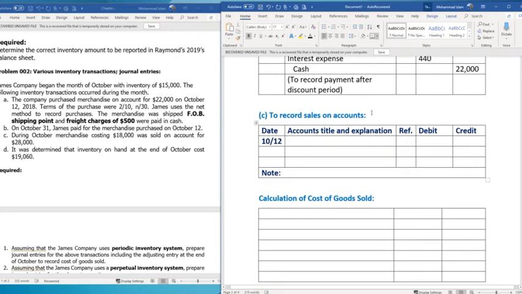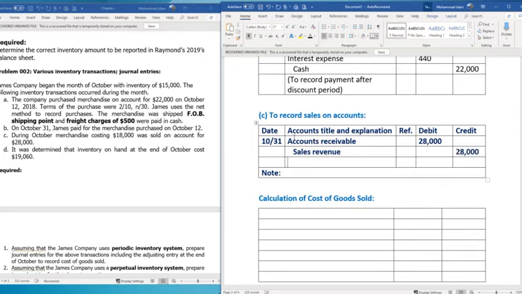Then to record sales on account. Number C, it is very simple. That is when we have recorded sales during October, so we can write 10/31. During October, we have sales of 28,000. Accounts receivable debit, that is 28,000, and sales revenue 28,000.